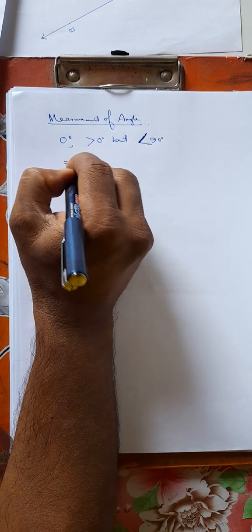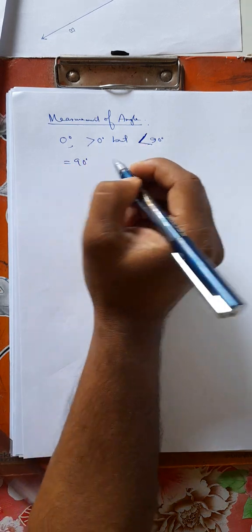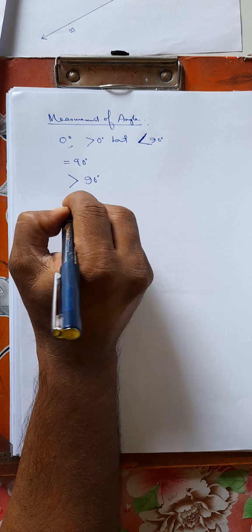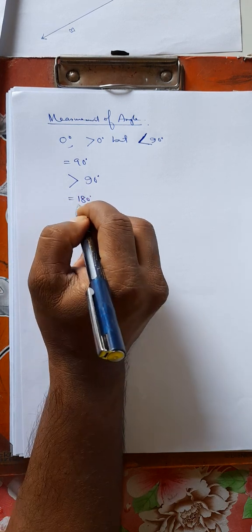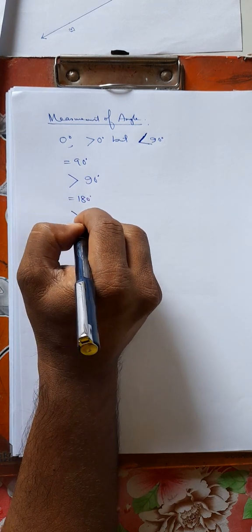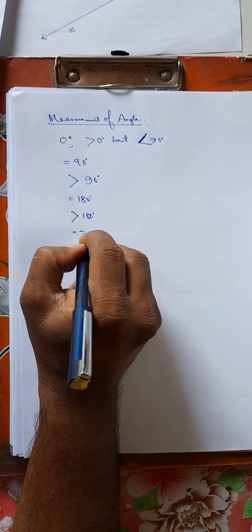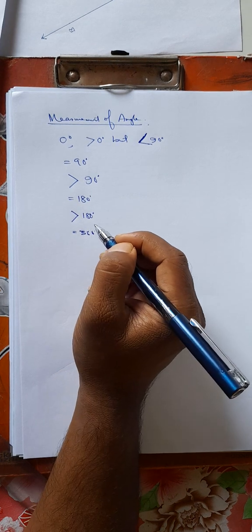It can be equal to 90 degrees. It can be greater than 90 degrees. It can be equal to 180 degrees. It can be greater than 180 degrees, and finally it can be equal to 360 degrees.